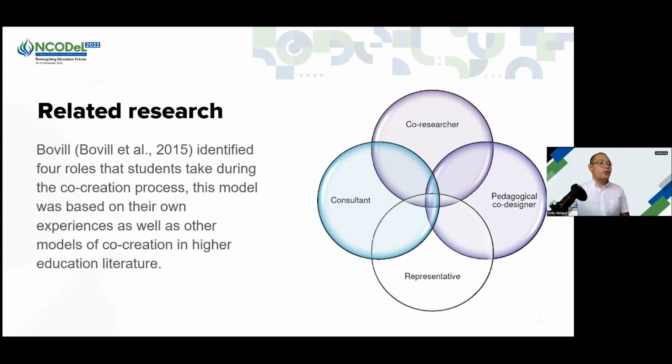For the 4 roles, representative would be covered by the students, mostly in forms of student council and organizations, and representation of students as students, whereas the other 3, consultant, co-researcher, and co-designer, would be a give and take or a shared responsibility between faculty and staff and the student participating in the co-creation process.